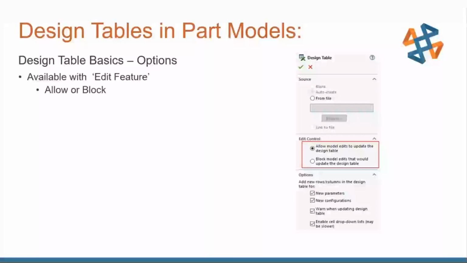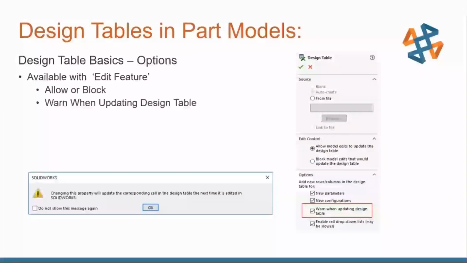So I created my table with the allow model edits to update the design table. So any dimension I change, I'll get the message and it populates that appropriate cell in the design table. I do say if you're going to use this kind of bidirectional behavior, that warning, while it may be a little bit annoying, it is important so you don't accidentally change a dimension without understanding the possible repercussions of updating that design table parameter. So there you can see warn when updating the design table. So either we allow it or we block it.